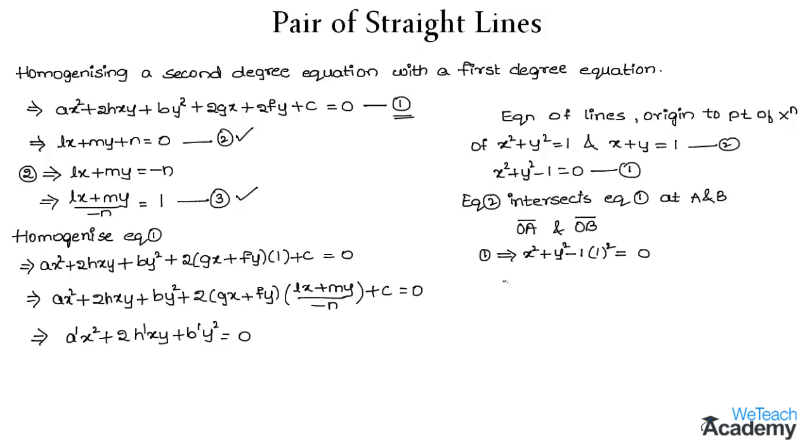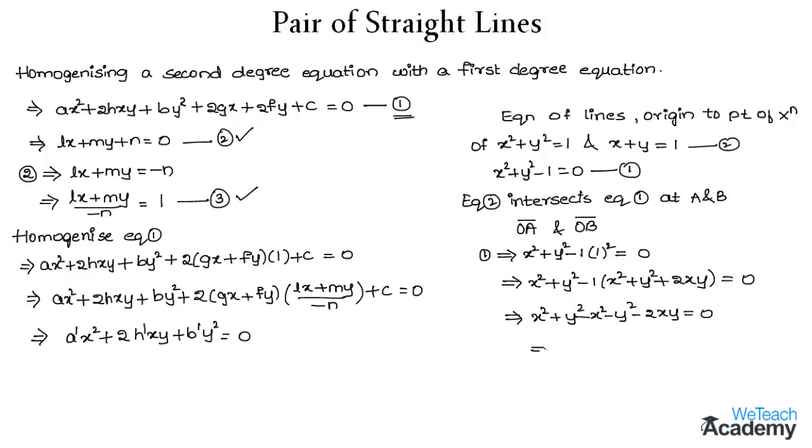Now let us substitute the value of 1. That implies we get x² + y² - 1 into 1², that is (x + y)². Using the formula, we get x² + y² - (x² + y² + 2xy) = 0. By multiplying, we get x² + y² - x² - y² - 2xy = 0.